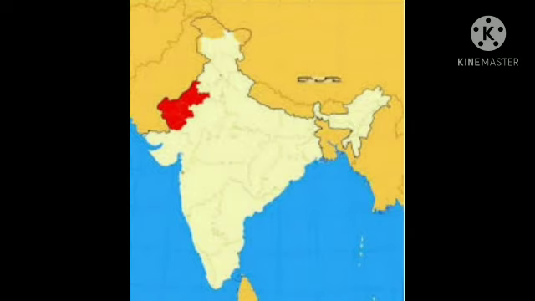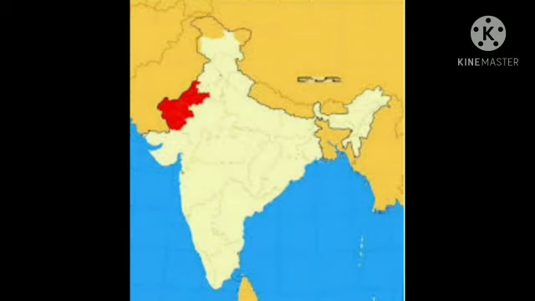Next, we will learn about the western desert. Rajasthan is divided into two parts by the Aravalli range.